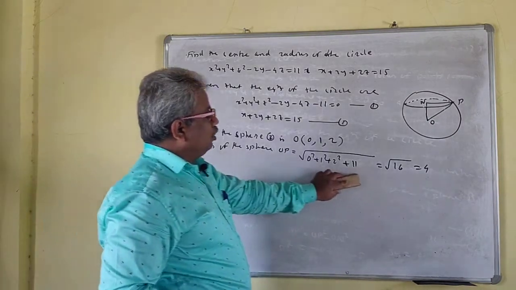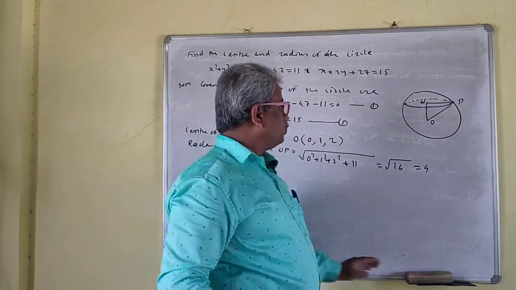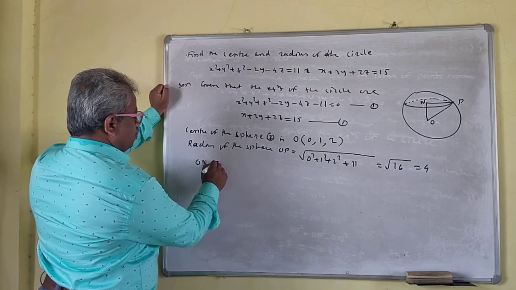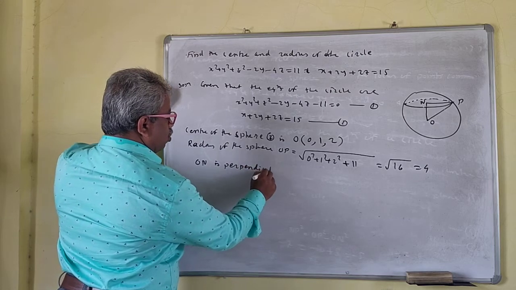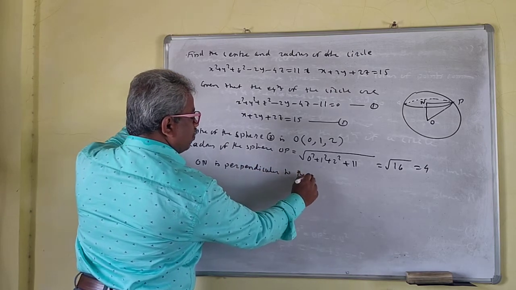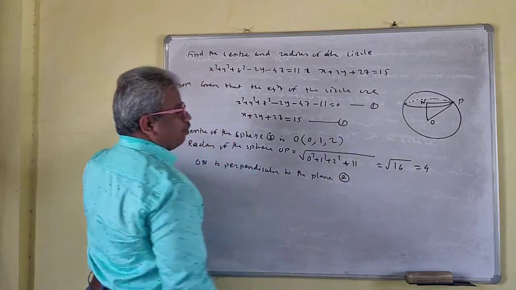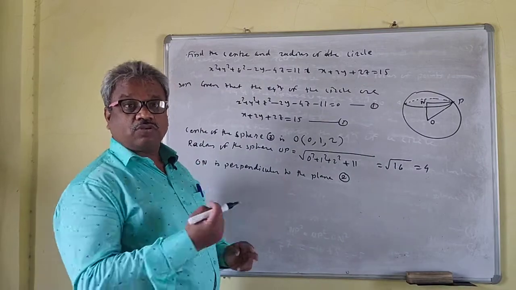Okay. Now we have this. So ON is perpendicular to the plane. ON is what? Perpendicular to the plane. So that means ON is normal to the plane.